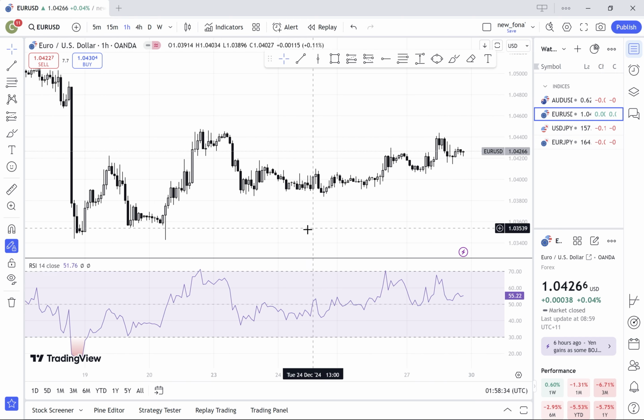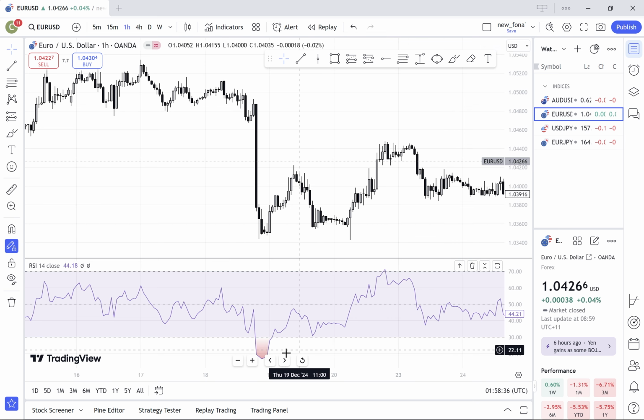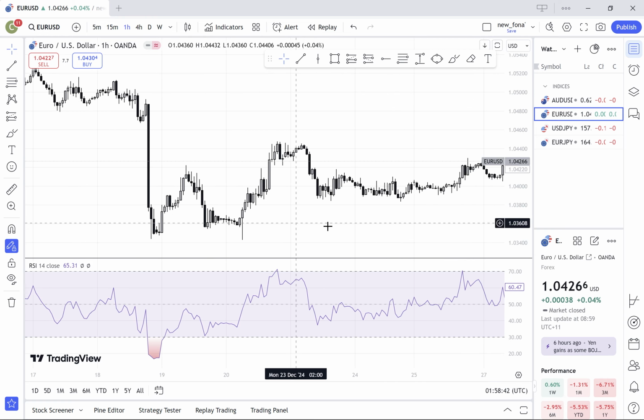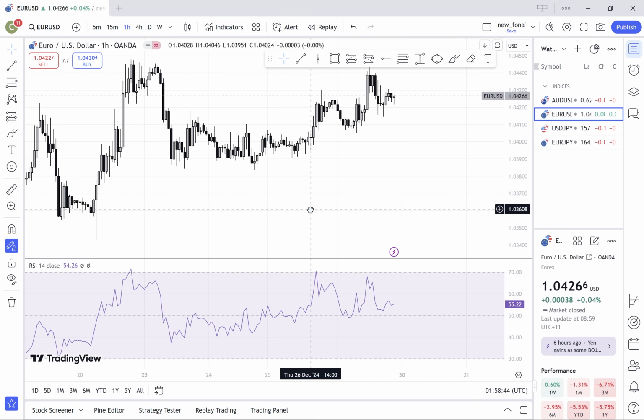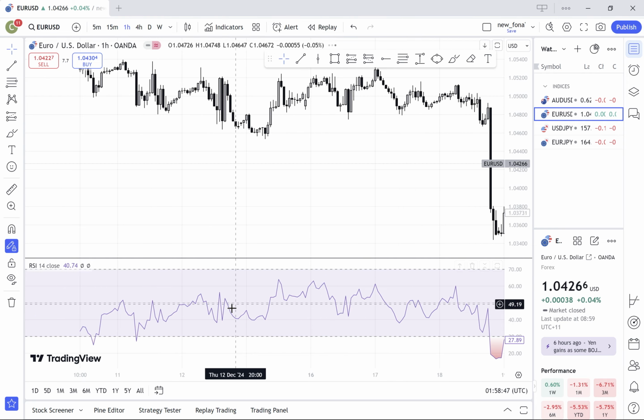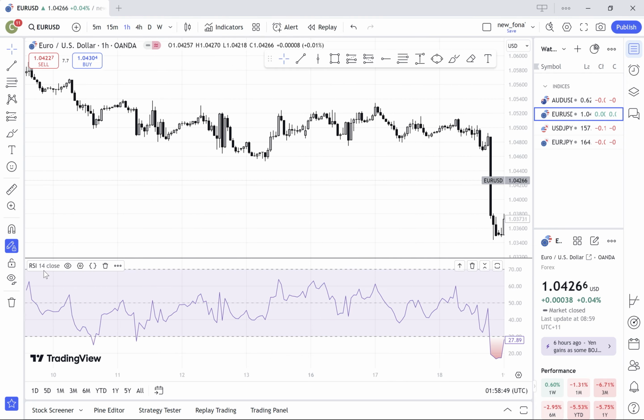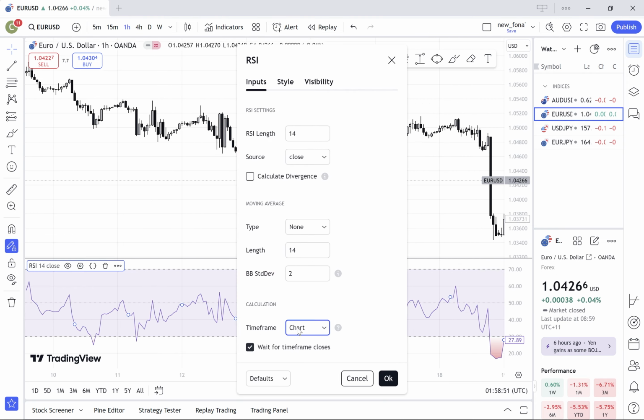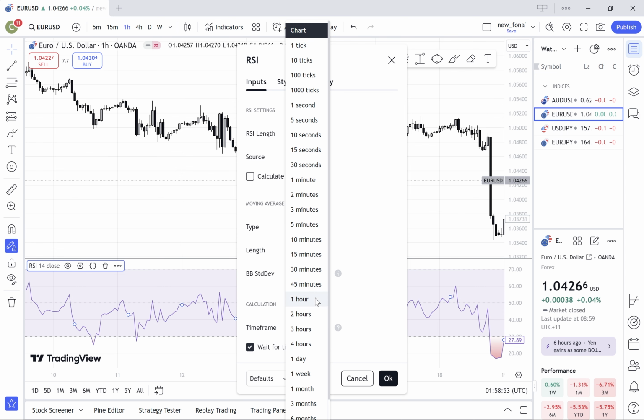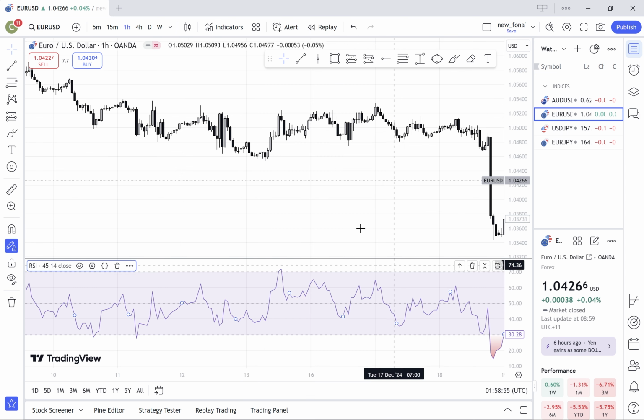All right, so as you can see, when the price hit a certain point around here, it had to go up. And so if we take a bullish trade over here, we would have ended up being profitable. If I actually change the time frame of the RSI to, let's say, 1 hour, I'm gonna hit OK.